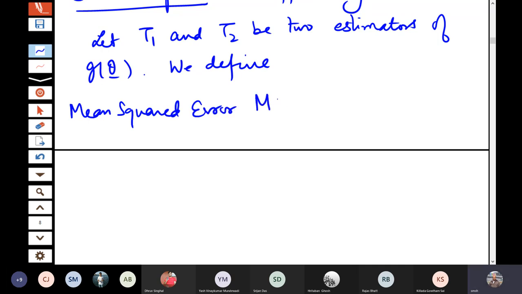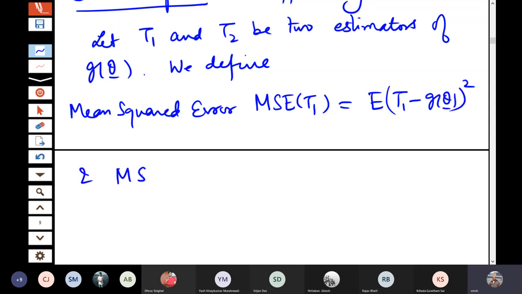So MSE of T1 is expectation of T1 minus g theta square, and mean squared error of T2 is expectation of T2 minus g theta square.